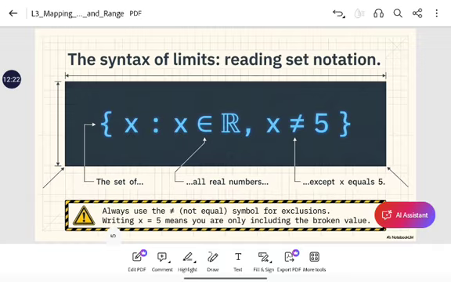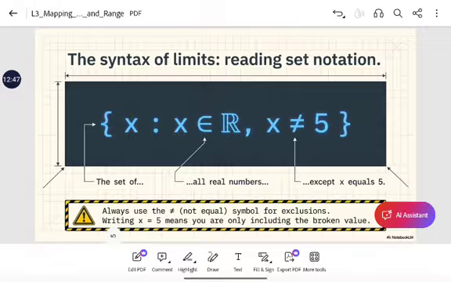So we want to see how we can write the limits. We want to learn how to write the set that breaks the system. Okay, good.